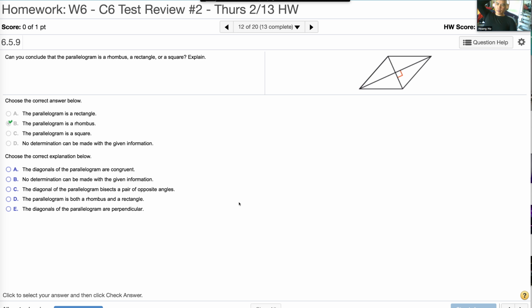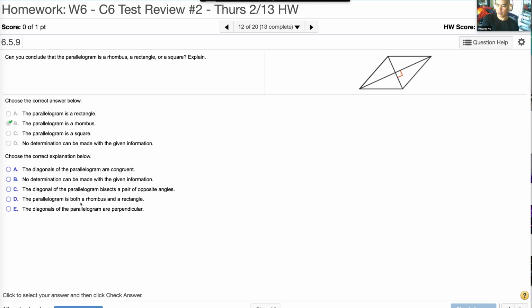Continue. Okay. Choose the correct explanation. The diagonals of the parallelogram are congruent? No, it's not. No determination can be made with the given information. The diagonals of the parallelogram bisect a pair of opposite angles? It didn't say that on the diagram.